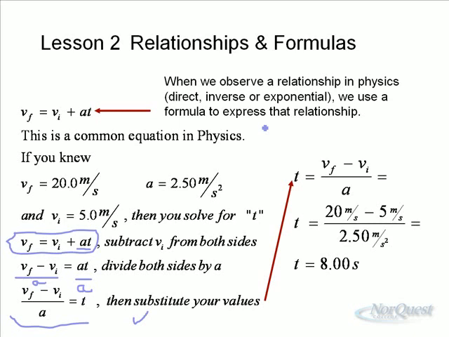And that would be the solution that we're looking for. All right, so you can see that you're given some information, you have a basic formula, manipulate that formula to help you solve for your unknown. That's a common practice in physics 20 and 30, and all through later stages of physics as well.